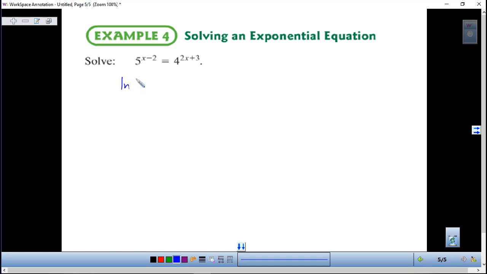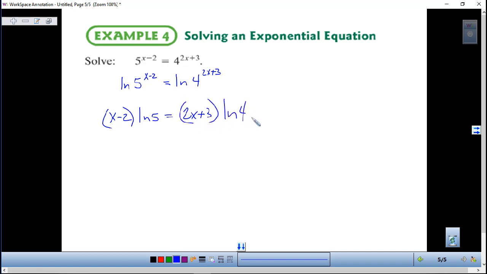So we get the natural log of 5 to the x minus 2 equals the natural log of 4 to the 2x plus 3. Now then we can use our power rule, and we're going to move those powers out front. So we get x minus 2 times the natural log of 5 equals 2x plus 3 times the natural log of 4.